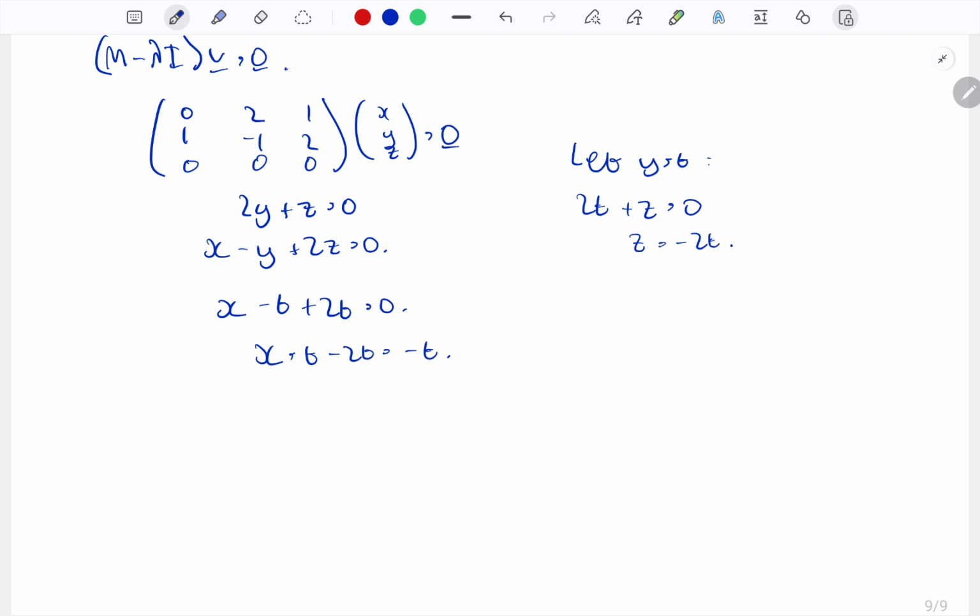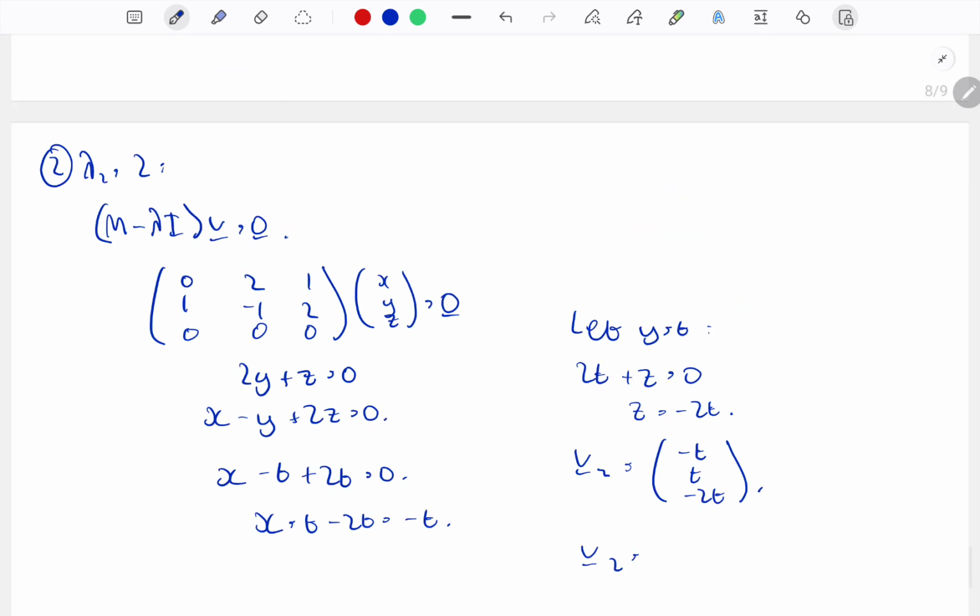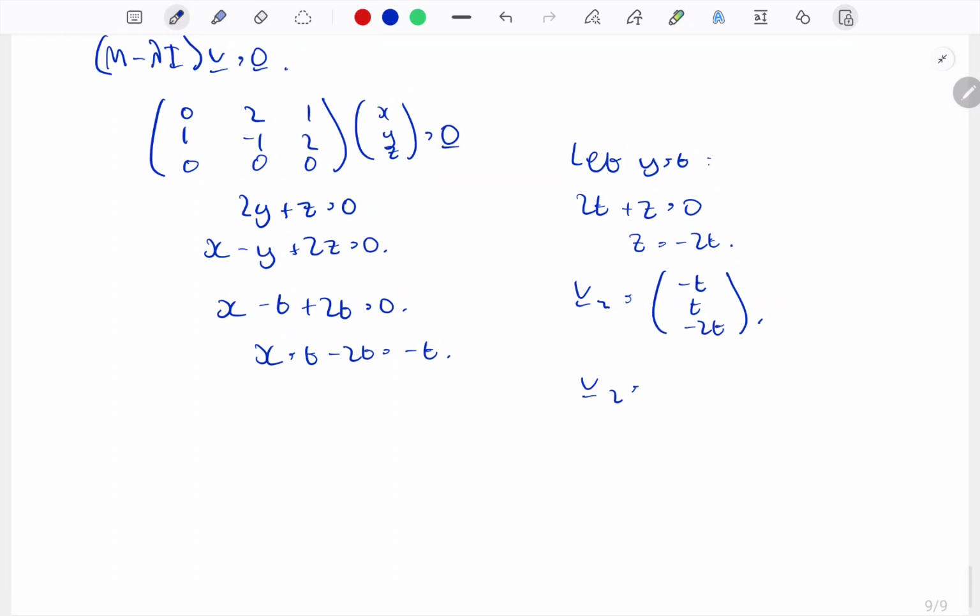So v2 will be parallel to (minus t, t, minus 2t). So the eigenvector corresponding to 2 would be (minus 1, 1, minus 2).